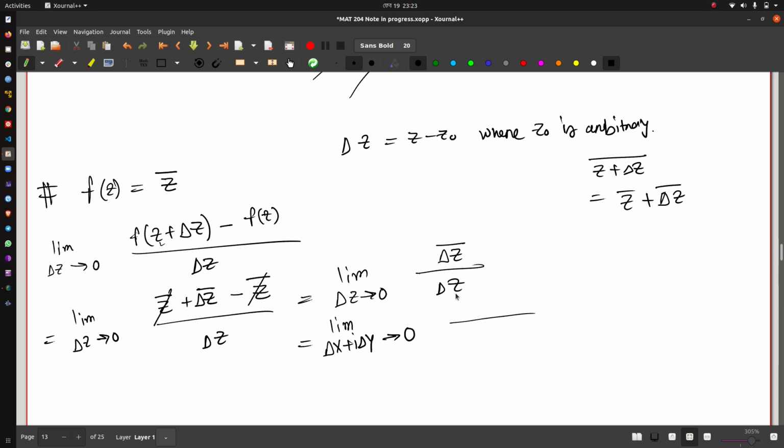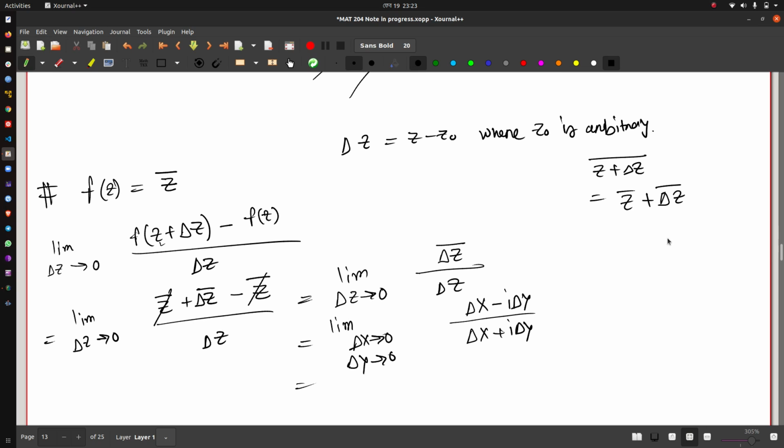This would be del x minus i del y over del x plus i del y. Notice this del x plus i del y itself goes to 0, right? So instead of writing it like this, I should have written that del x goes to 0 and del y goes to 0.